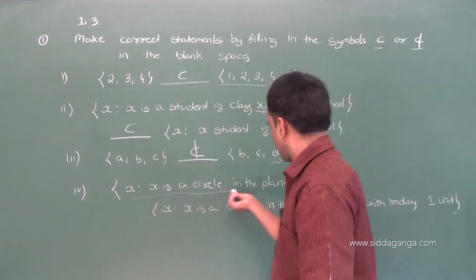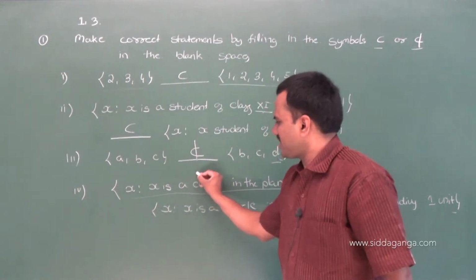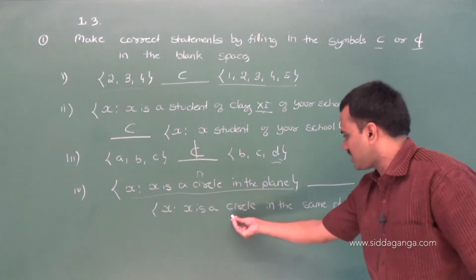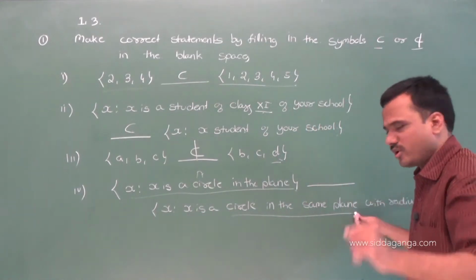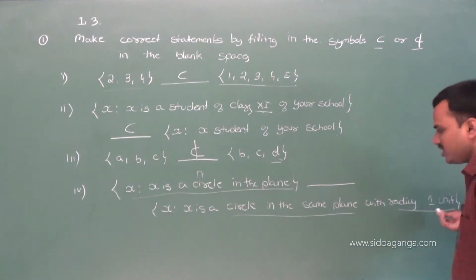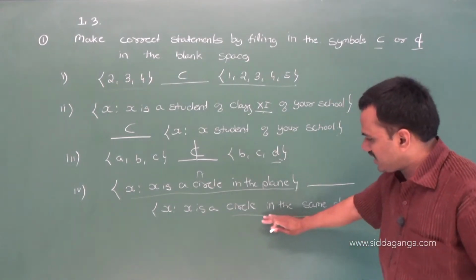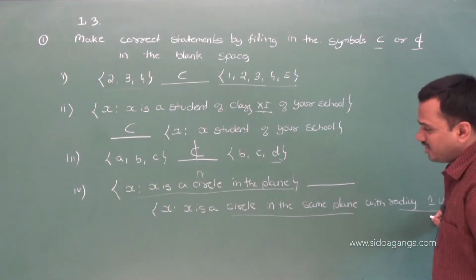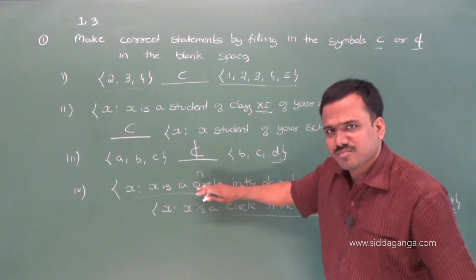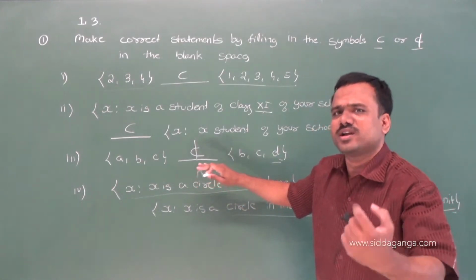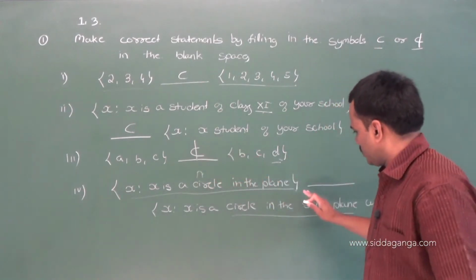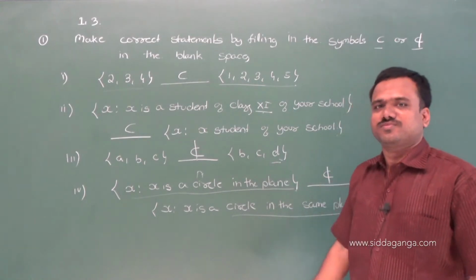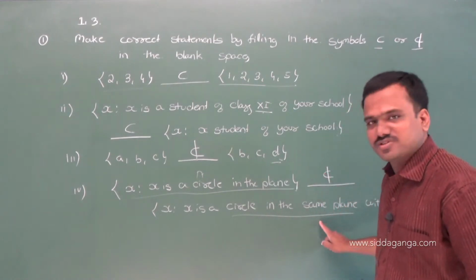This is nothing but a set A. The other is set B: X such that X is a circle in the same plane, and one more condition, of radius 1 unit, which means it contains a number of circles of radius 1 unit. This one contains circles of radius 1, radius 2, radius 3 and so on. So by seeing these two sets, no doubt it is not a subset of this set.